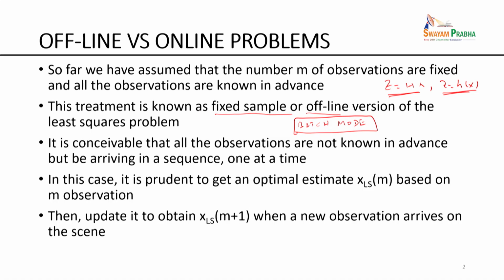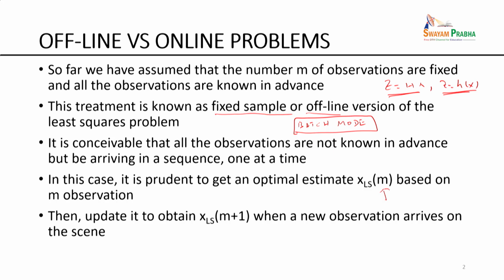It is conceivable that the observations are not known all at one time, but they will be arriving in a sequence in time. In that case, it is prudent to get an optimal estimate based on m, the number of samples that you have on hand at that time.